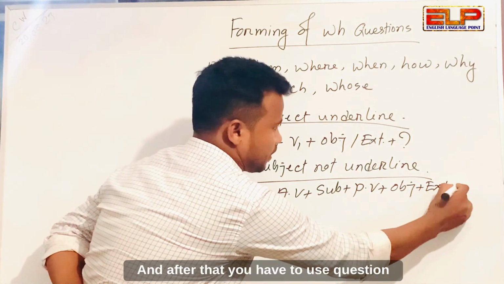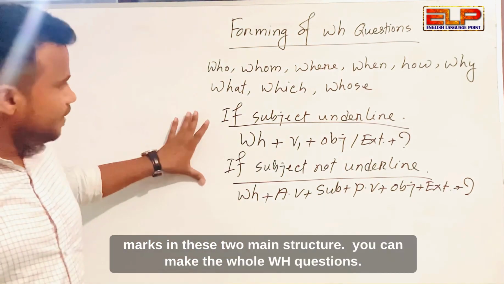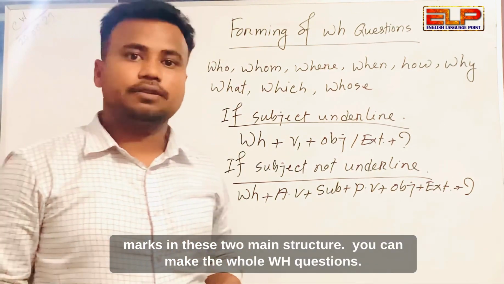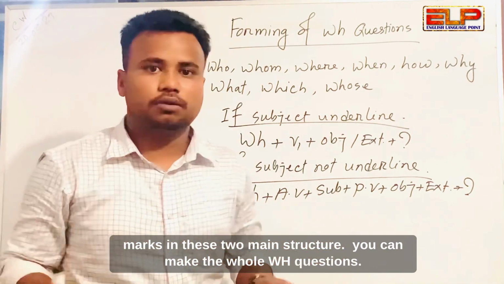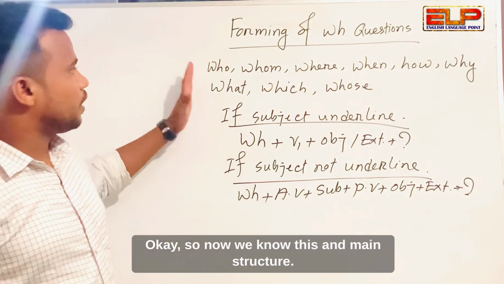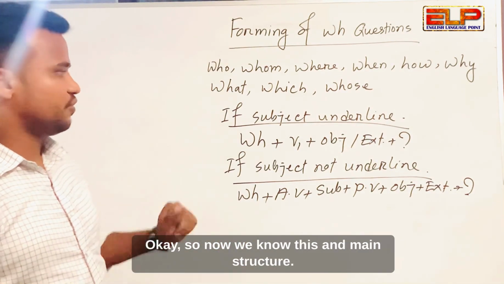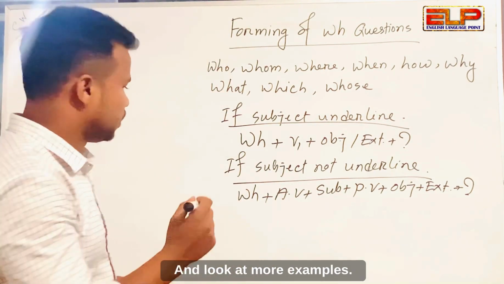And after that, you have to use the question mark. With these structures, you can make the whole WH question. Okay, so now we know this, and let's look at some examples.